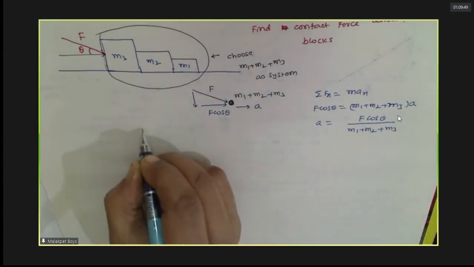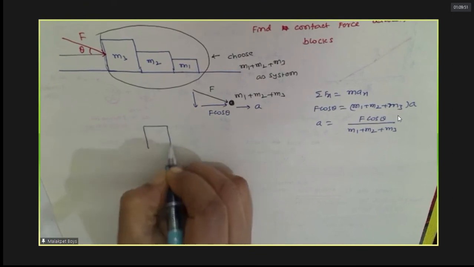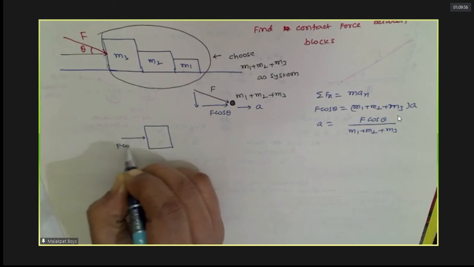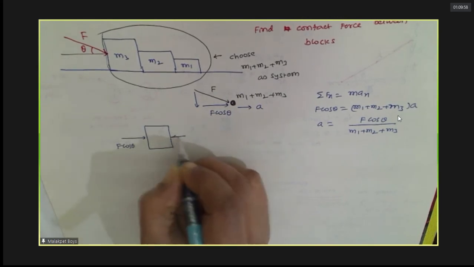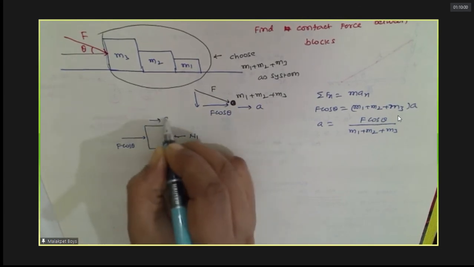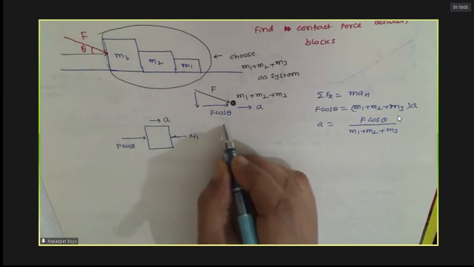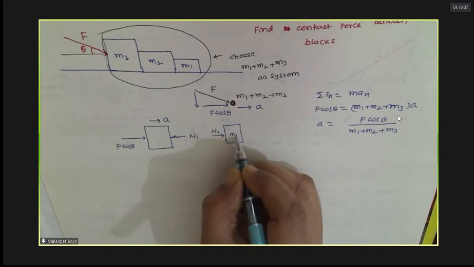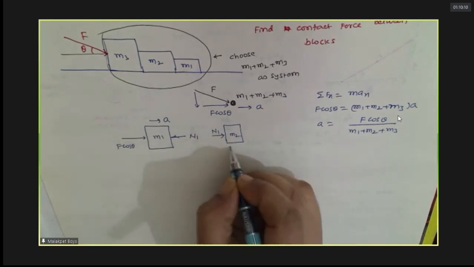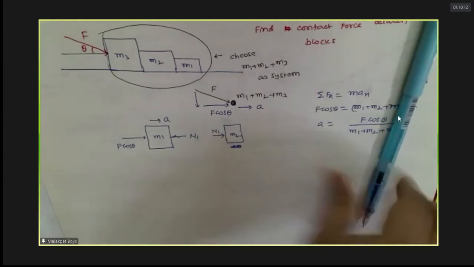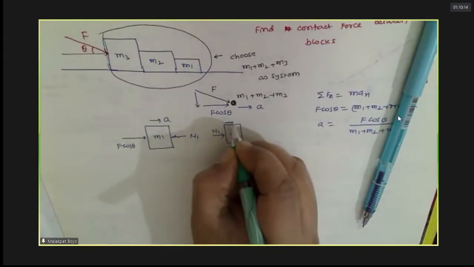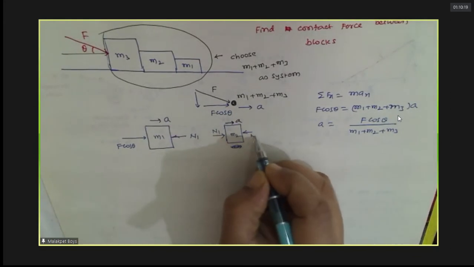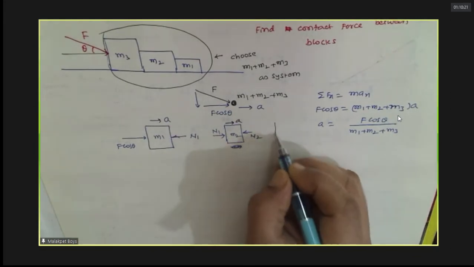Now what should you do? Sir, choose for getting normal reaction separately. On this you have F cos theta. This is N1, this is moving with acceleration. Then on this you have only this N1, m2, m1. This also moves with the same acceleration. Again you have N2 and this is m1, no?